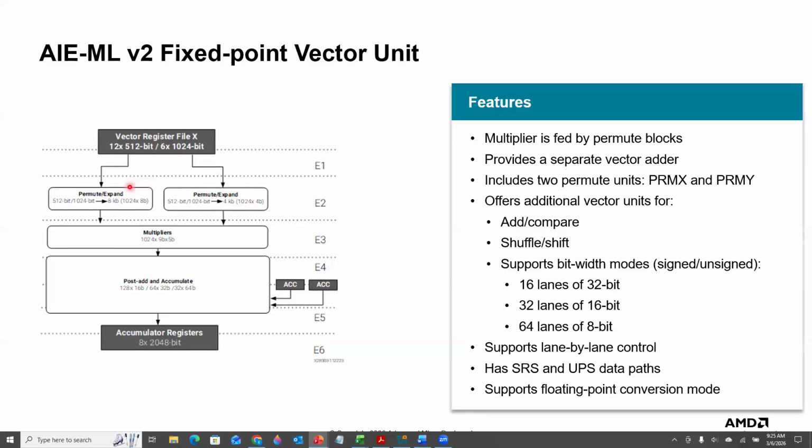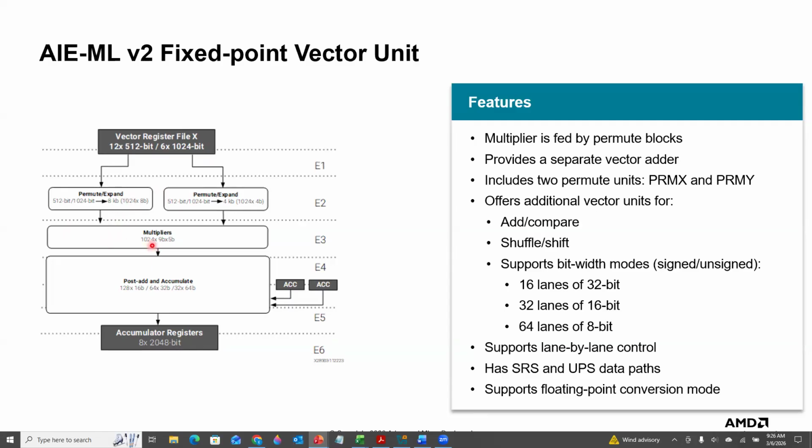Notice that you have these permute units. The permute units are really important because this is what allows the different chunks of data to be individually processed at the same time. The permute units are hardwired selectors that take the data from the vector register file that you've organized and then feed it forward in parallel chunks.